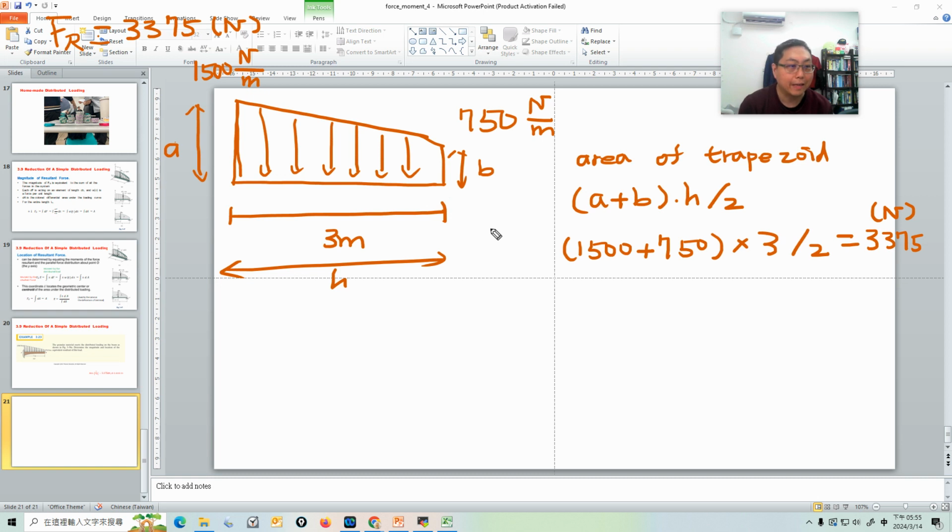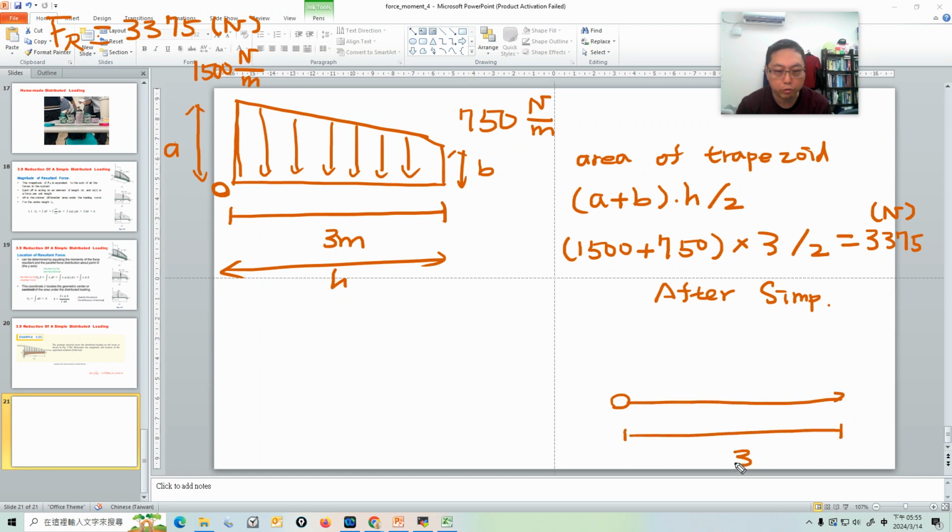Next, where is the position of the resultant force? After simplification, I assume this is O here, and the system will look like this. Here is 3 meters. The resultant force points down, F_R equals 3375 Newton, and the position we don't know.